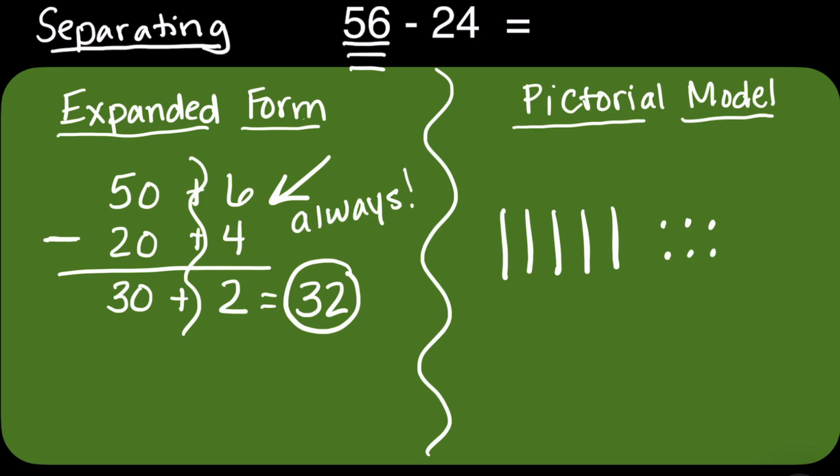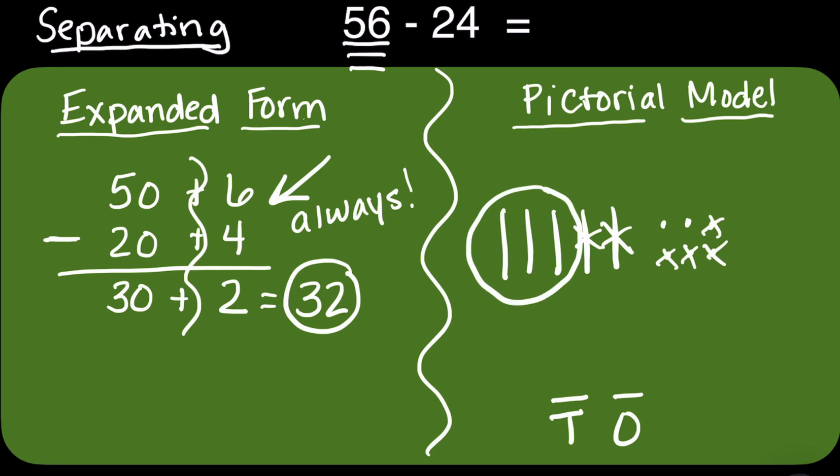All right, now I'm separating, I'm taking away. I'm making 24 go away from the picture. So I'm going to take 20 out of the picture, 10, 20. I crossed it out with a little X. And now I'm going to take 4 out of the picture. 1, 2, 3, 4. How many rods do I have left? How many tens?